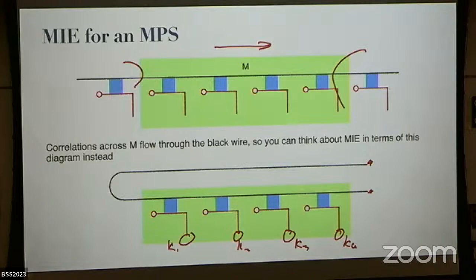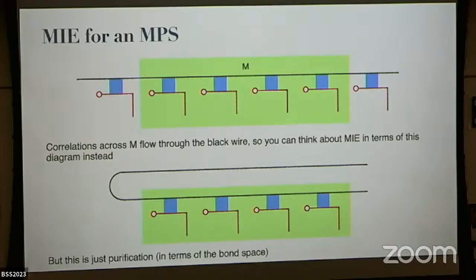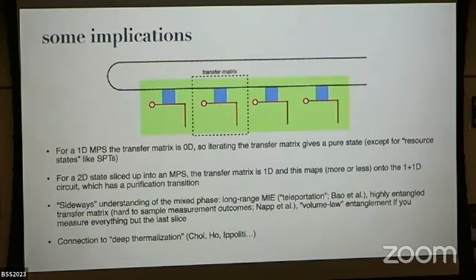So the measurement-induced entanglement question for an MPS is basically a question about products of these transfer matrices. And this is not really restricted to one-dimensional MPSs. In one dimension, if you multiply these finite-size transfer matrices for long enough, generically you'll always end up with a projector onto one particular state.